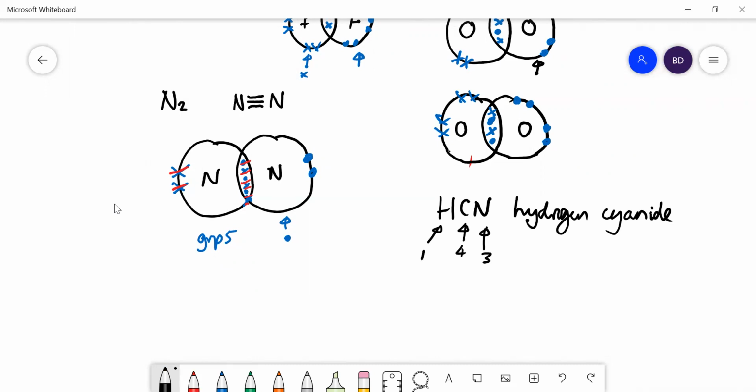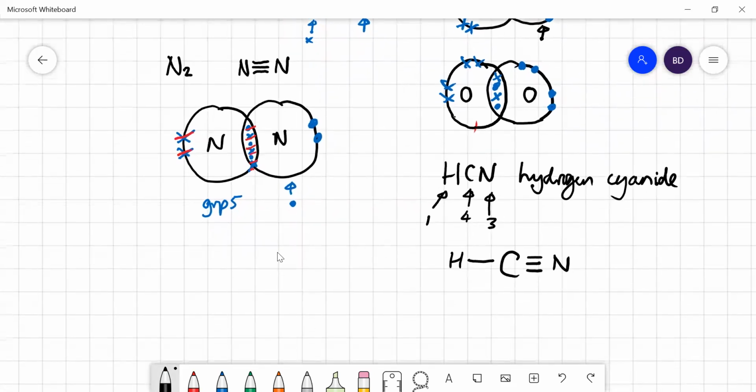So if we drew something like this, H-C-N, let's try that. Carbon wouldn't be happy, that's only forming 3 bonds, and nitrogen wouldn't be happy, it's only forming 2. But if we make that a triple bond, then yes, the carbon's forming 4 bonds, the nitrogen's forming 3, the hydrogen's forming 1. So that should work if we drew a dot cross diagram for that.